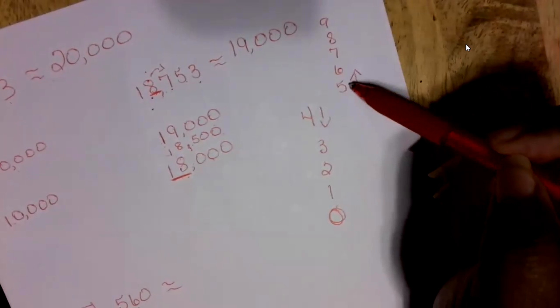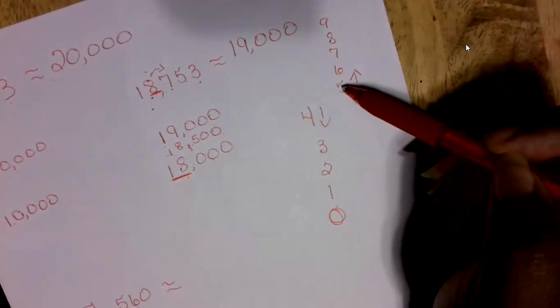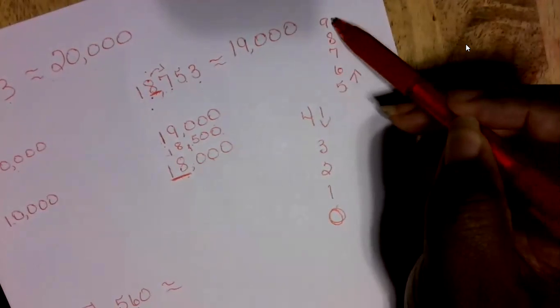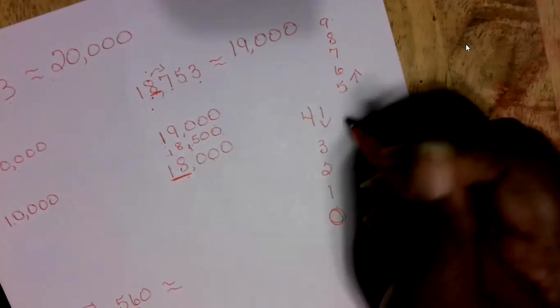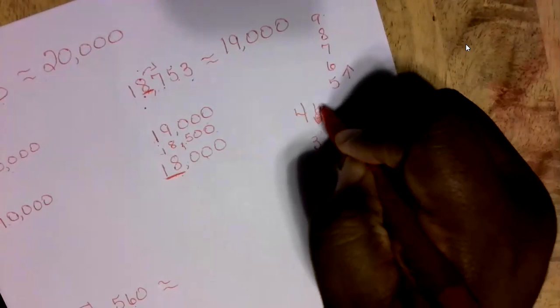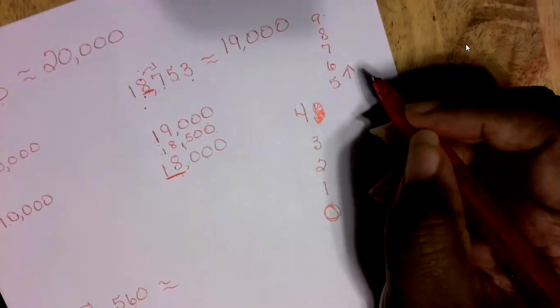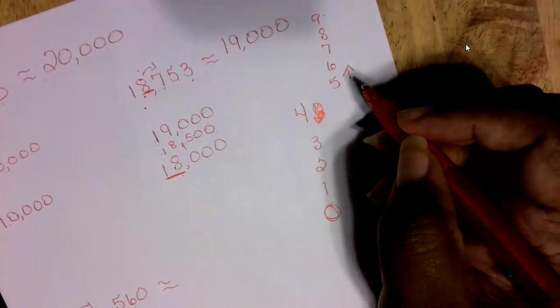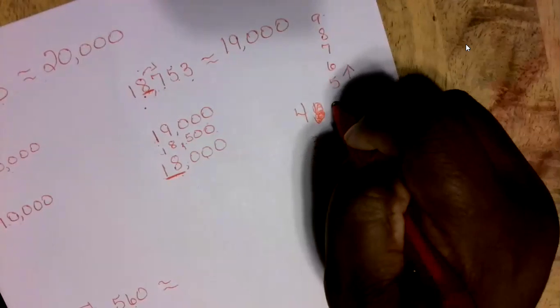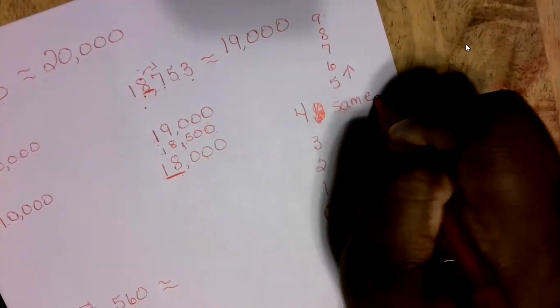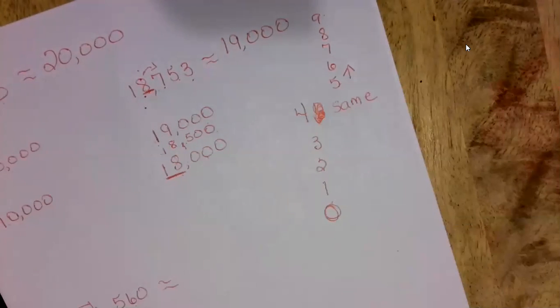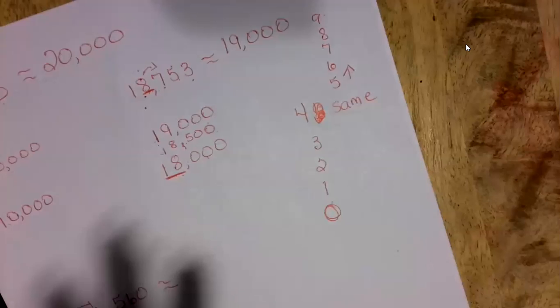But if the number is higher, 5, 6, 7, 8, or 9, it'll go up 1. So instead of having below, because I know sometimes that confuses people and makes them think that the number goes down, it doesn't. So let's write just same on the side. If it's 4, 3, 2, 1, or 0, the number that we're rounding will stay the same. But if it's 5, 6, 7, 8, or 9, the number will go up by 1.